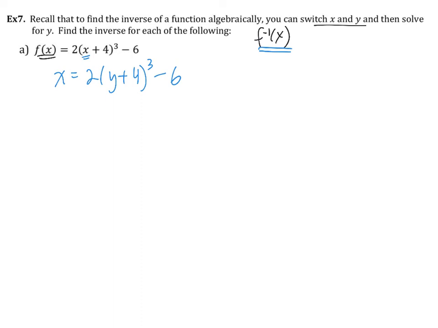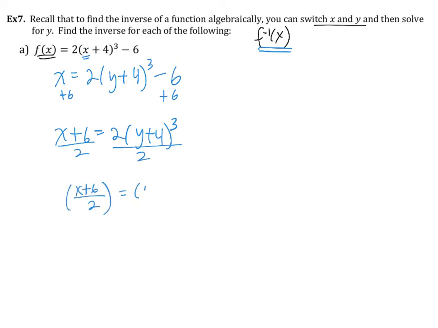So what do I do first? I add my 6 to both sides, so I get x plus 6 equals 2 times y plus 4 cubed. Then I divide each side by 2, so I have x plus 6 divided by 2 equals y plus 4 cubed. Now, how do I undo the cube? Because I'm trying to isolate y, I need to get rid of these parentheses, so I'm going to cube root both sides.